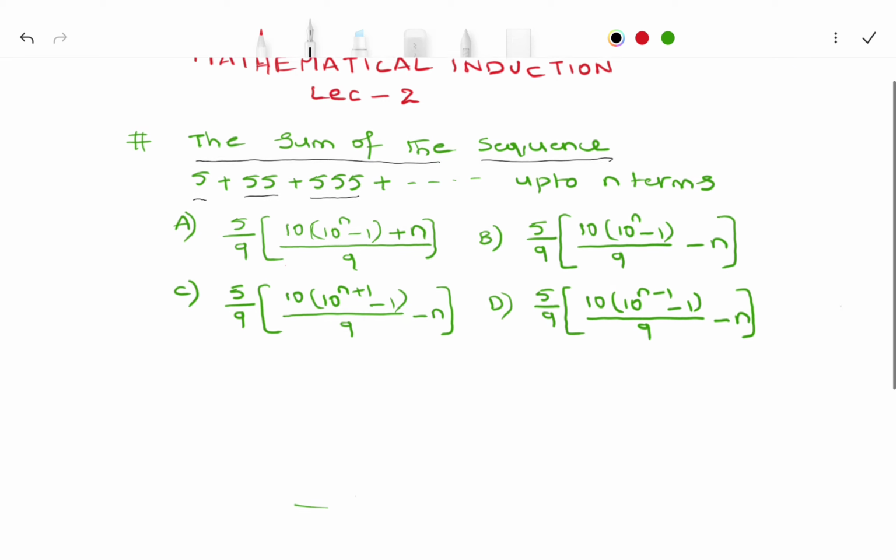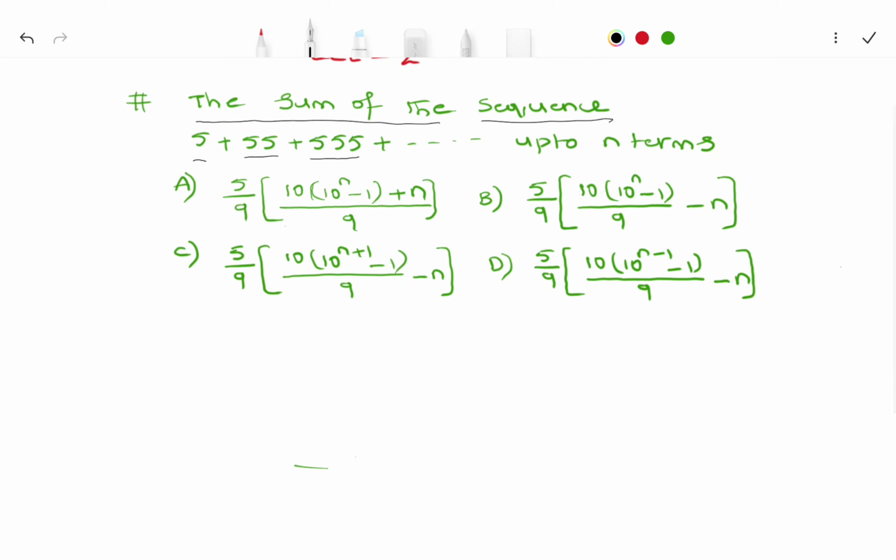It's a very simple, basic level question already. So we have some idea about progressions. See what is the given one? That is 5 plus 55 plus 555, plus and so on up to n terms.